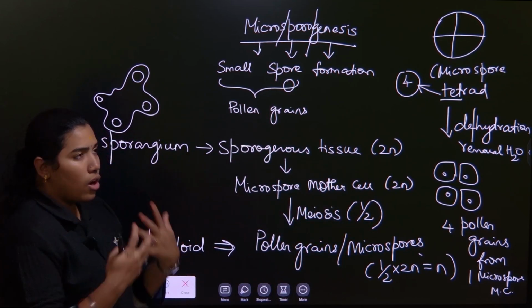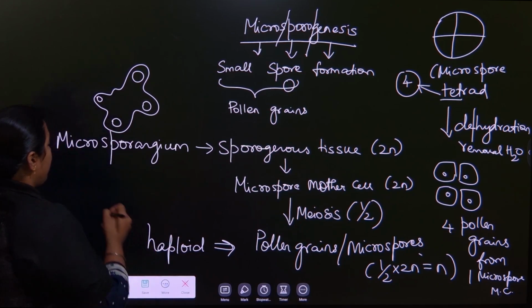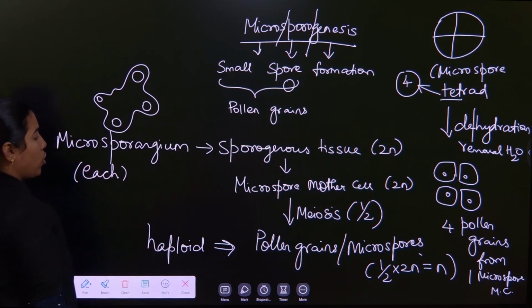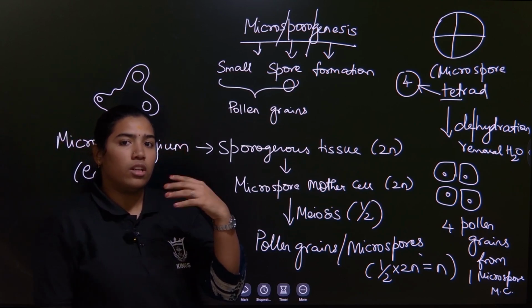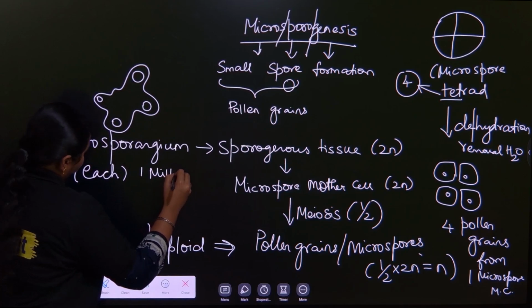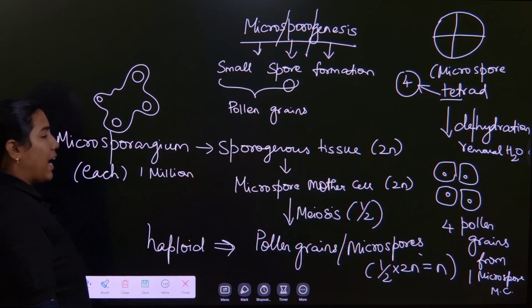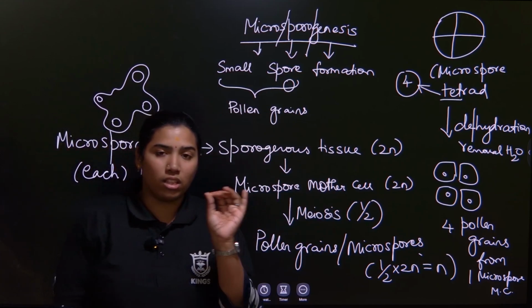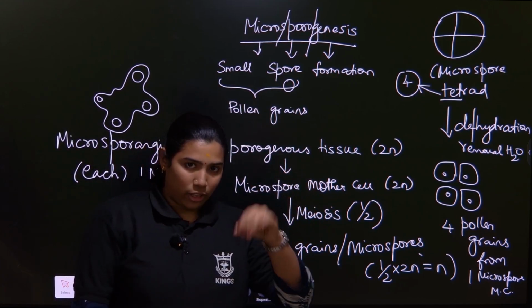There is a large number of pollen grains present within each microsporangium. So imagine an anther has four. Suppose a microsporangium has 1 million pollen grains, and they ask a question, how many pollen grains are present in a dithecous anther? So bilobed dithecous anther.